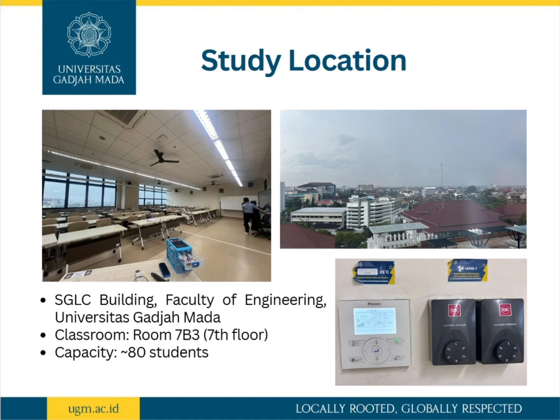This high capacity is crucial for our experiment because it allows us to observe a wide range of occupancy levels, which is our independent variable, fluctuating from an empty room to a full class. As you can see in the bottom right, the room utilizes a centralized air conditioner system. We documented this image because it was essential to ensure our control variables remain consistent throughout the data collection process.